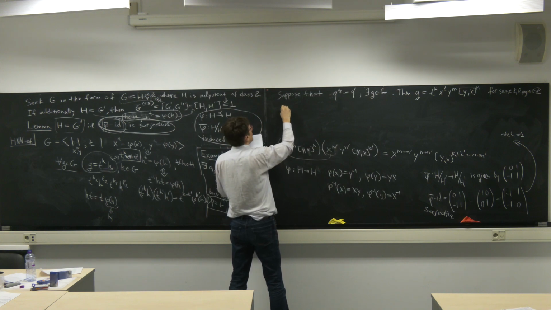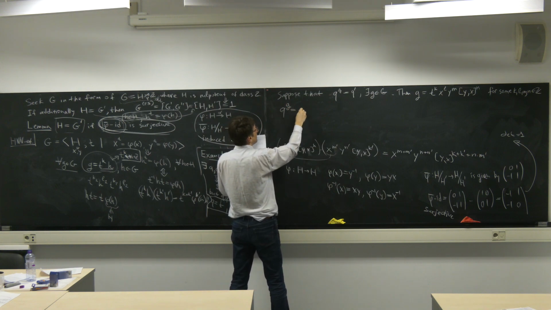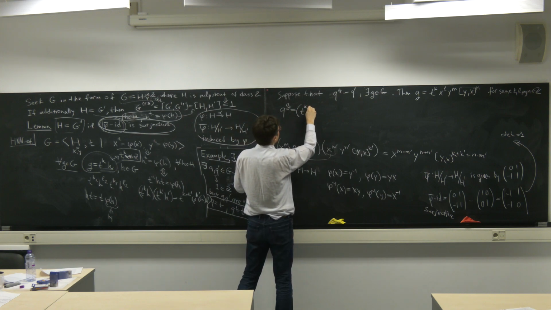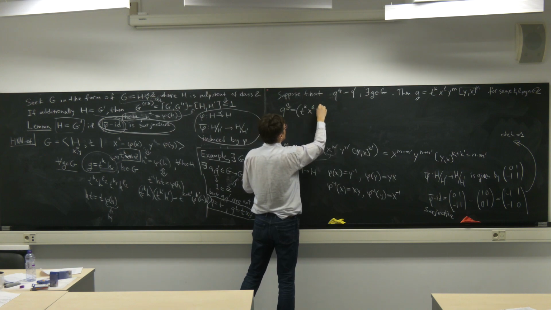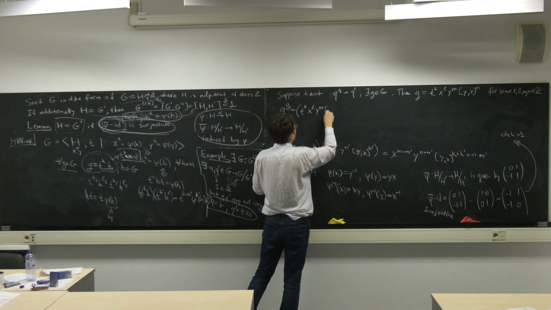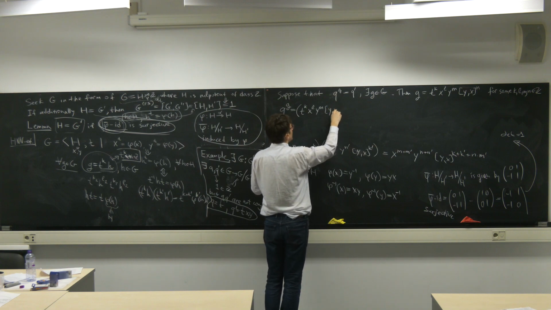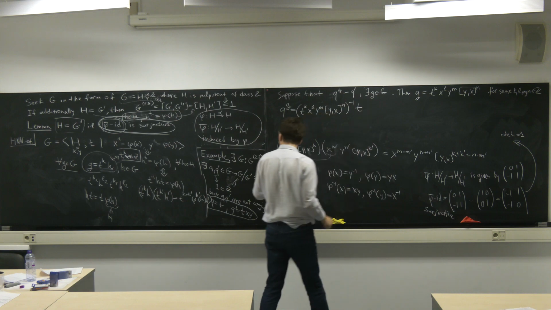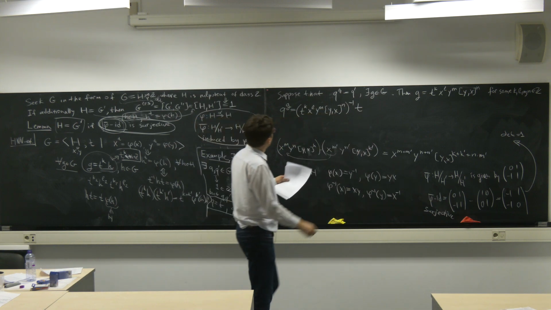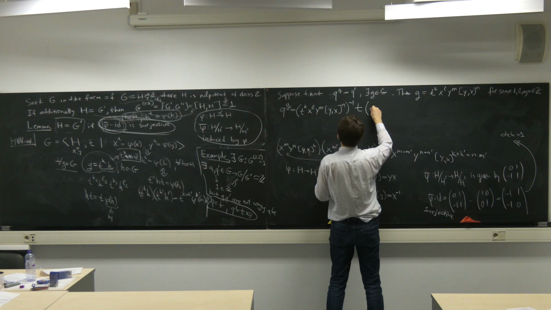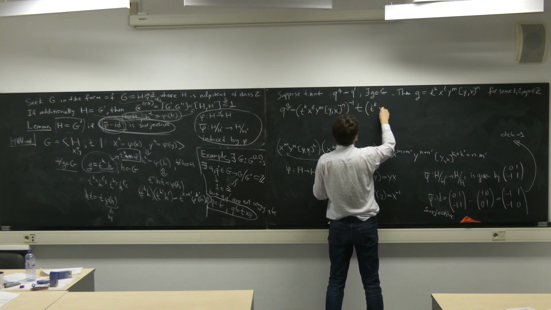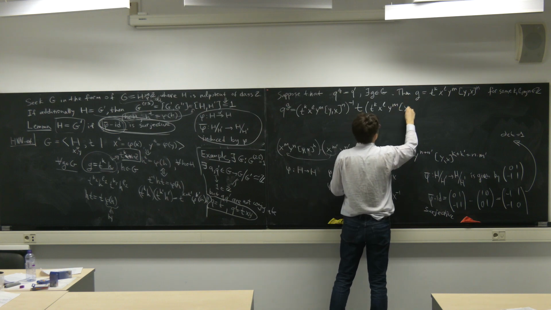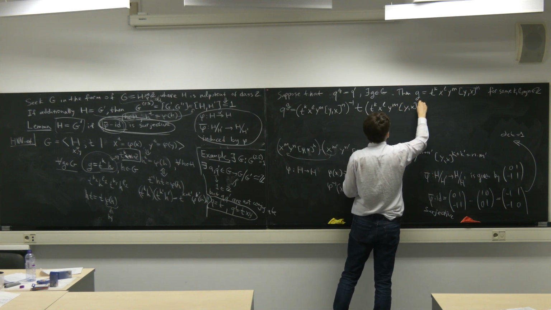And we can simply compute. So q to the power g is the following thing: t to the k, x to the l, y to the m, and the commutator yx to the n, inverse, then t, which is our q, and then t to the k, x to the l, y to the m, and the commutator yx to the n.